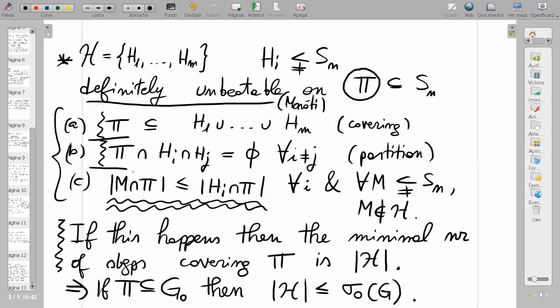The second one says they cover pi in a partition-like way, so there are no common elements of pi between two different subgroups. And the third condition says that every member of the family covers many elements of pi. So this implies that you cannot do better than that to cover pi.